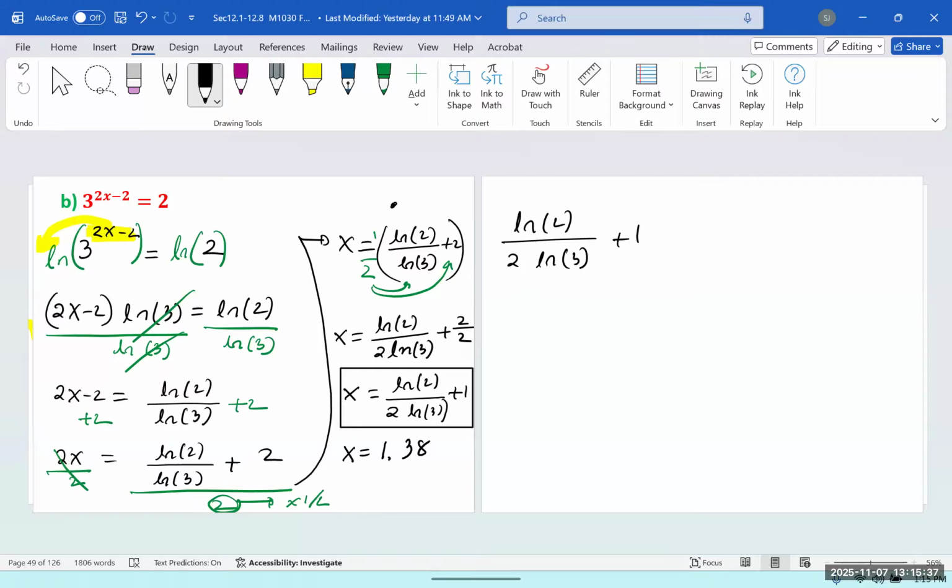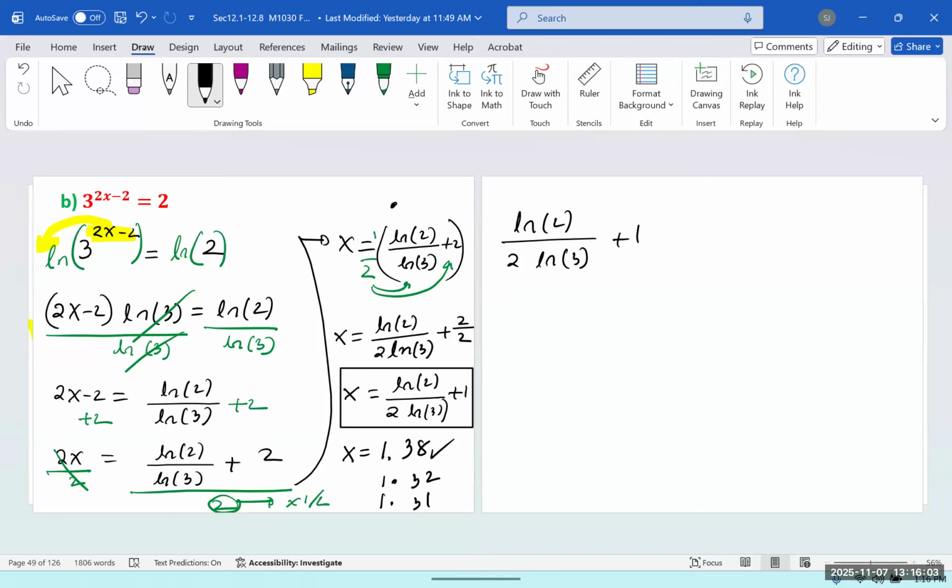Okay. Who has something different? A different number? Alex? 1.32. Anybody else has anything different? 1.31. George? 1.38. Okay, anybody else?